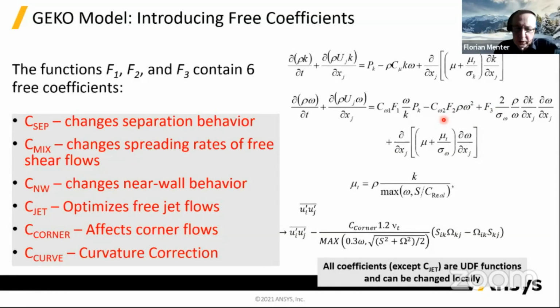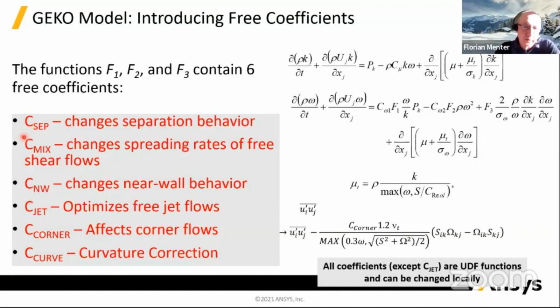These functions contain coefficients, and these coefficients are free to be changed by the user without destroying the basic calibration of the model. So we try to put flexibility into the model and expose a number of coefficients which the user can change in a certain range, and it causes certain effects which are predictable, and then they can be used to optimize the model for specific applications.